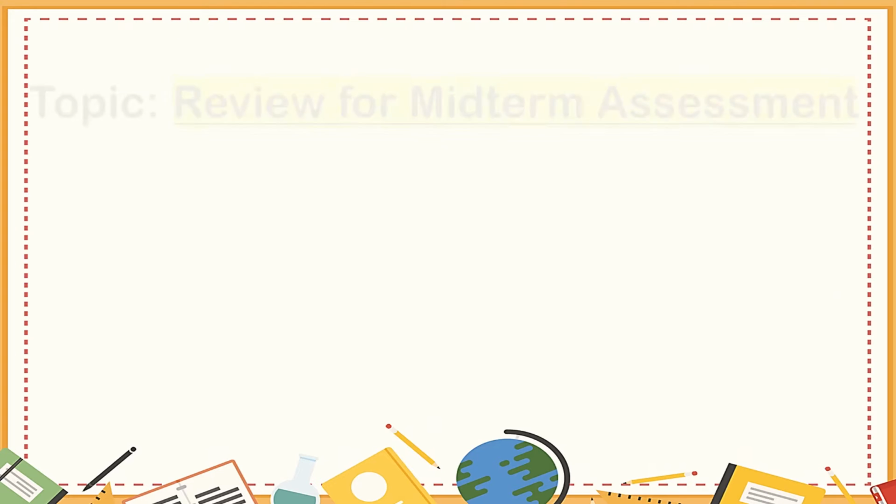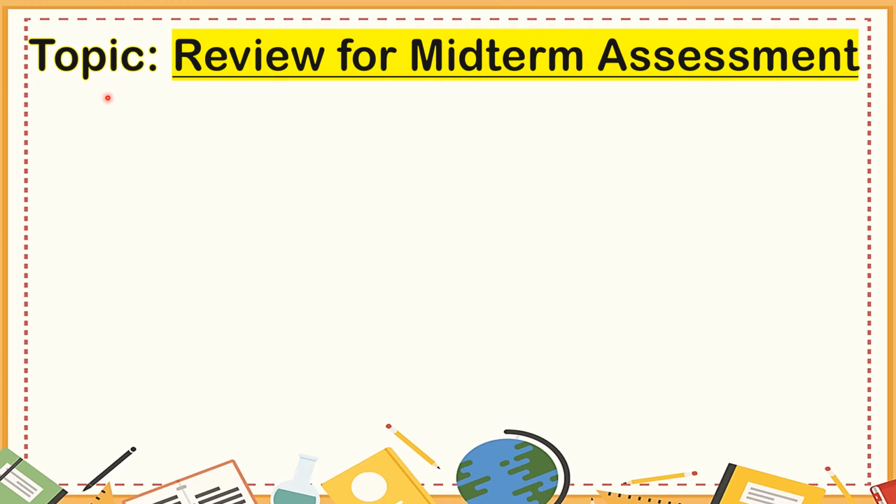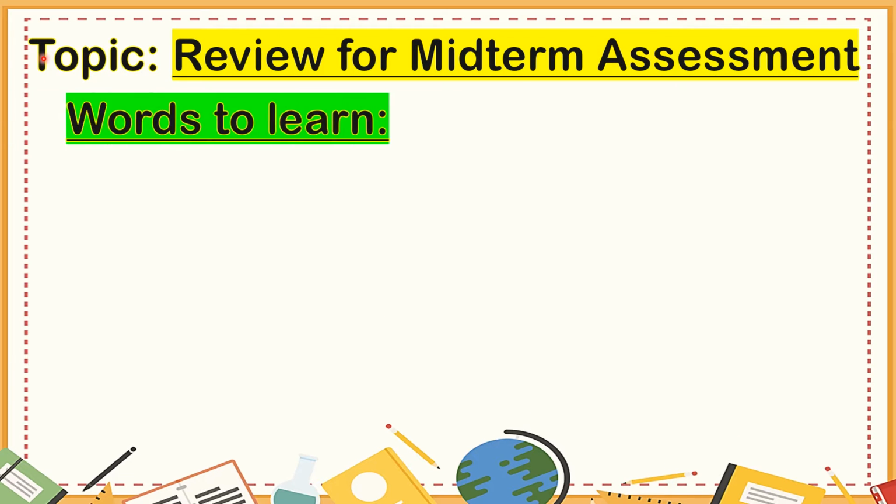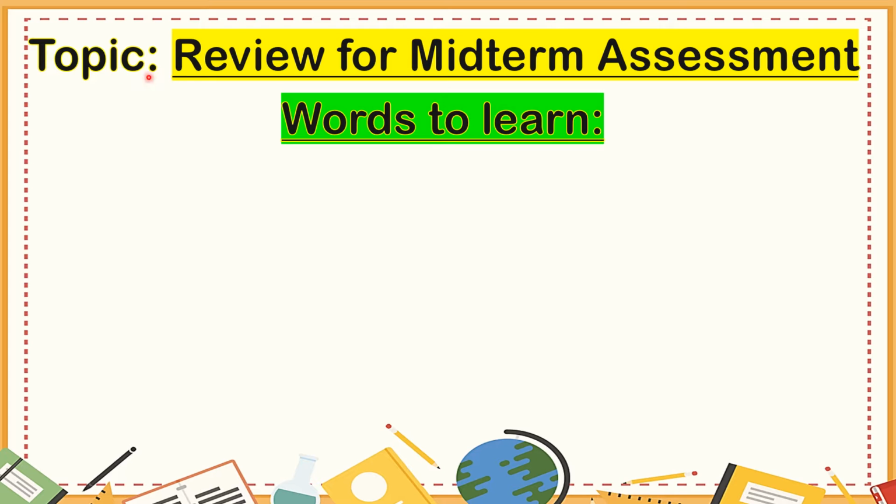So class, as I have told you, the topic for this week is the review for the midterm assessment. But before we proceed, let us read the words to learn that we will be encountering in the following slides. These words to learn are also the topics you need to review for your midterm assessment. So let's start reading now so you can still practice your reading and speaking skills even if you're just at home.